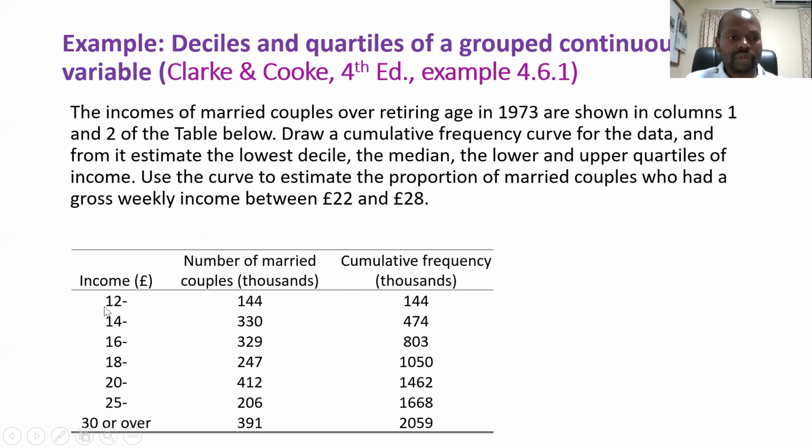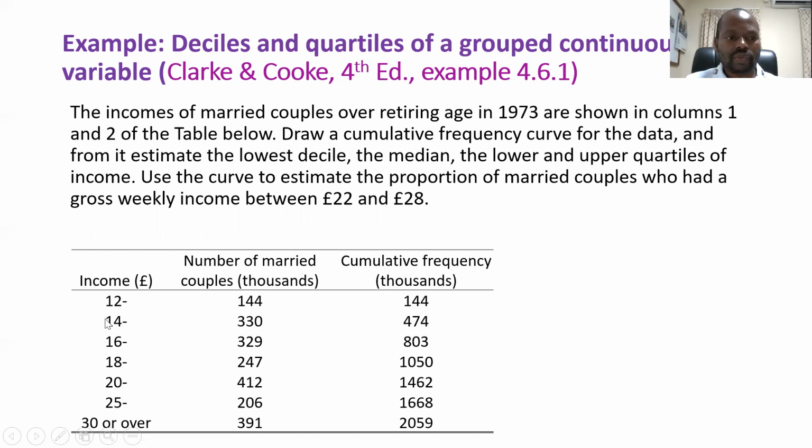Below 12, we don't have any data on the frequencies, so the end point would be maybe 11.99, and we would have a value of 0 there. The number of married couples in that interval would be 0.